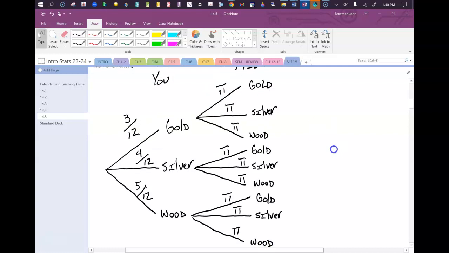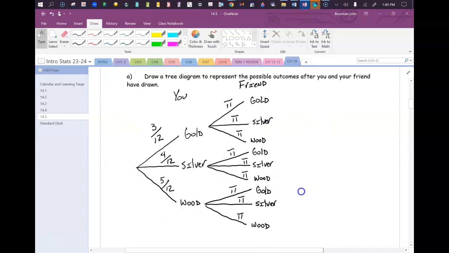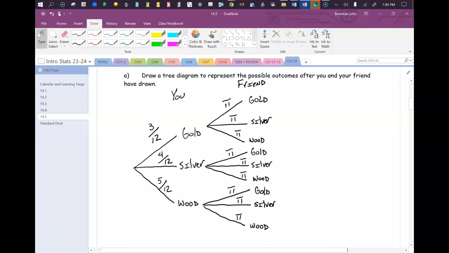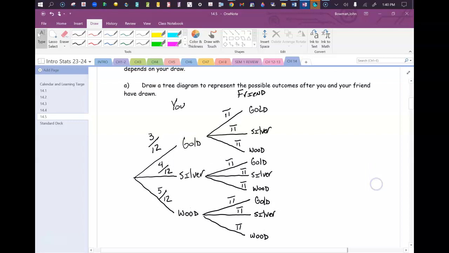Okay. So the first stage of the tree, the 3 twelfths, 4 twelfths, and 5 twelfths, are the probability of you drawing a gold, a silver, or a wood. The second stage is going to be the conditional probabilities. So given that you've drawn gold, the top branch, what is the probability that your friend also draws gold?